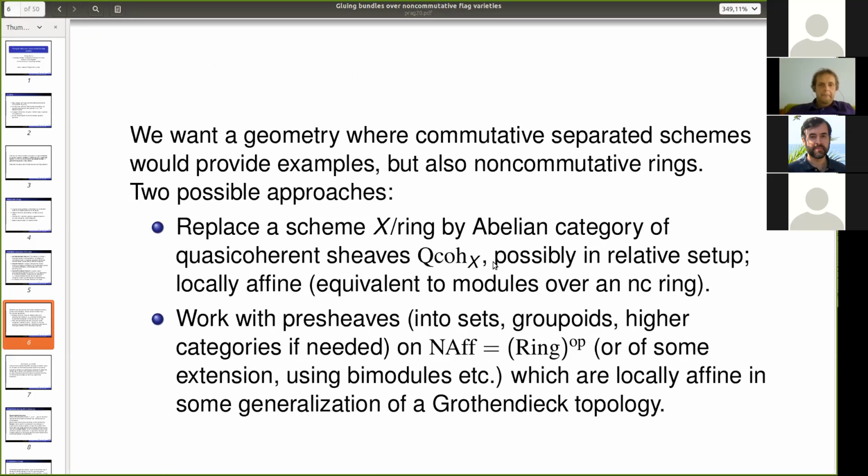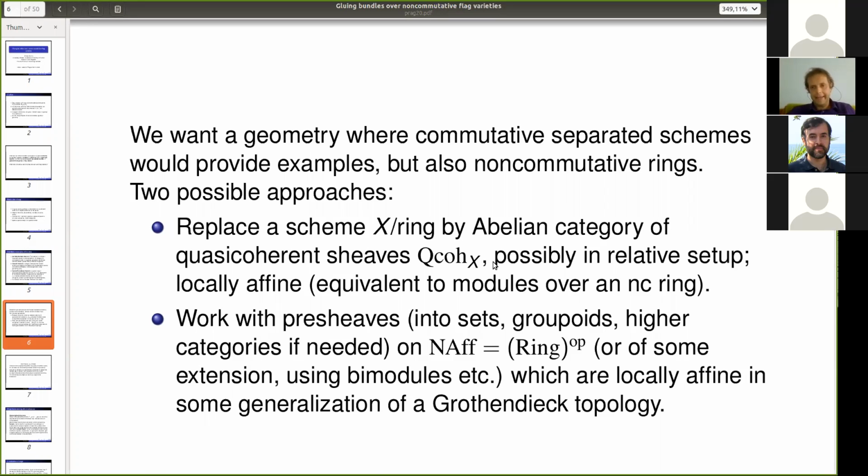And we want a specific kind of that, which is called non-commutative algebraic geometry, of a very general kind. And there are two possible approaches to this. One is that you replace a scheme in the commutative case, or in the non-commutative case, say, non-commutative rings, but also some sort of combinations and more objects, by some abelian category, which in the case of a scheme is quasi-coherent sheaves over the scheme.